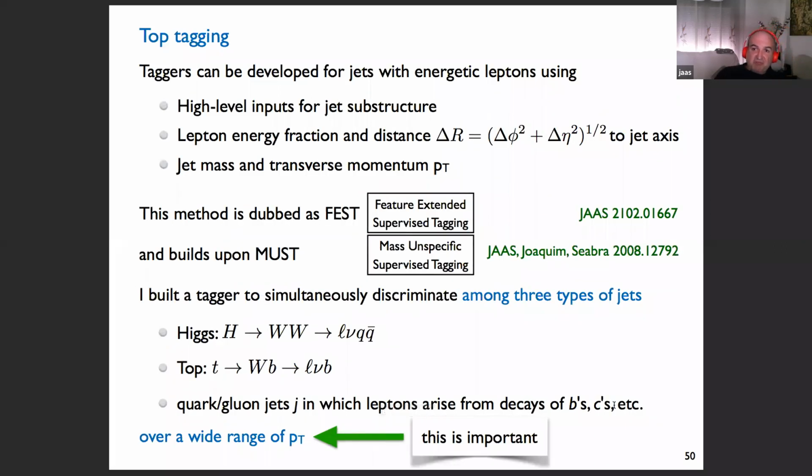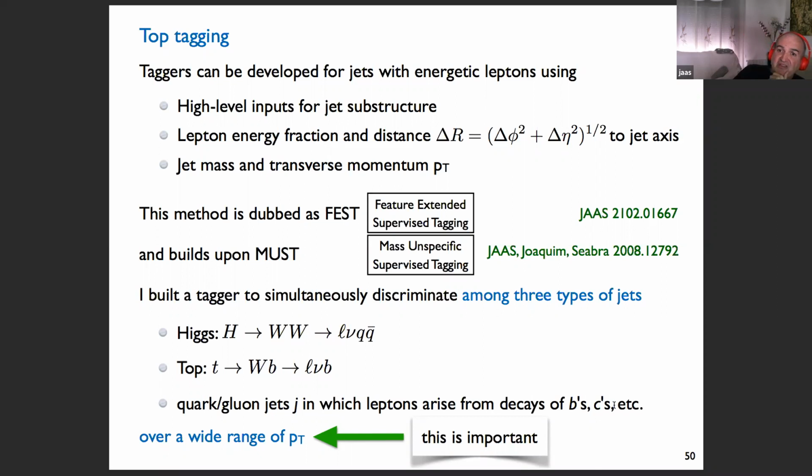Now, the same can also be done for top quarks with leptons or Higgs bosons with leptons. I mean, jets which have energetic charged leptons inside. How? You use high-level inputs for the jet substructure, like for usual tagging.